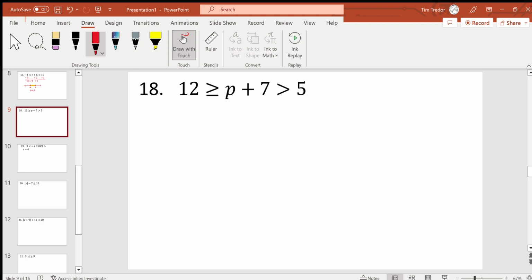Number 18, I want to get the p-value by itself. I'm going to subtract 7 from both sides.